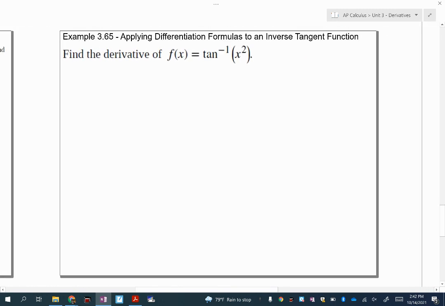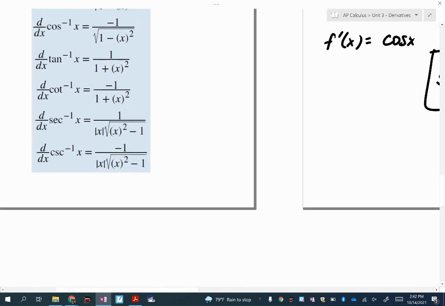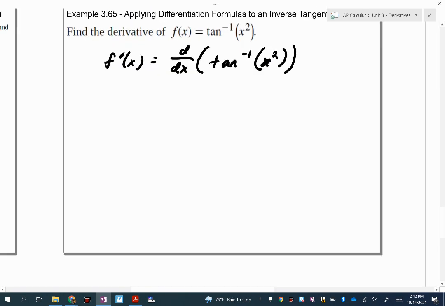Let's try this one. Again, using the formula sheet. So f prime of x is the derivative of the inverse tangent function of x squared. So I'm going to use my inverse tangent derivative formula, which says 1 over 1 plus the argument squared.